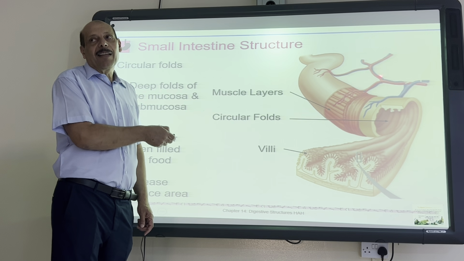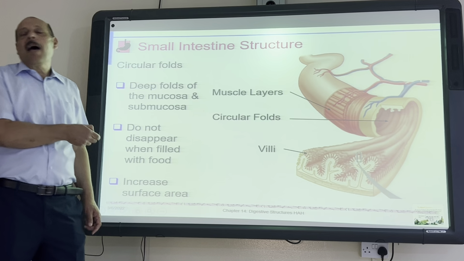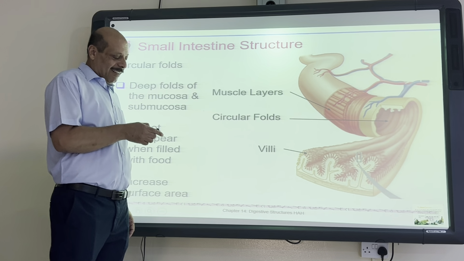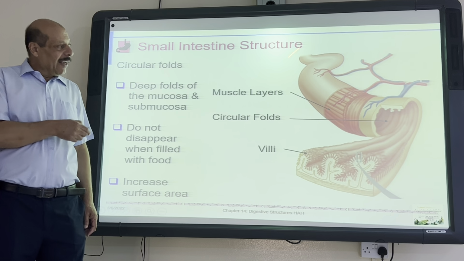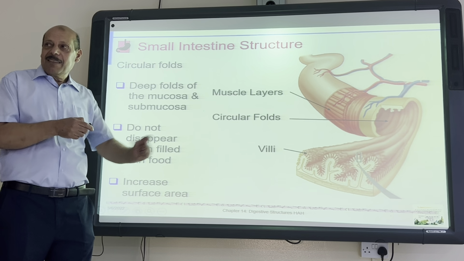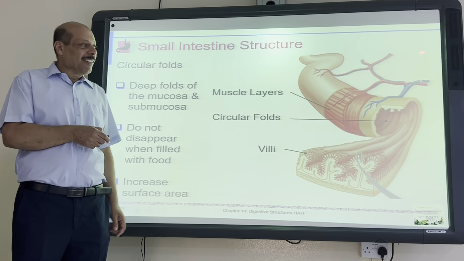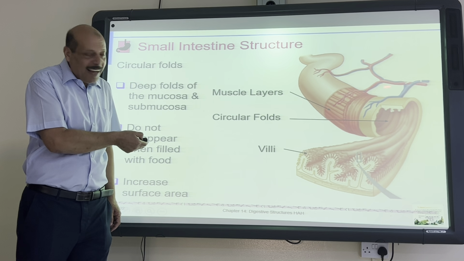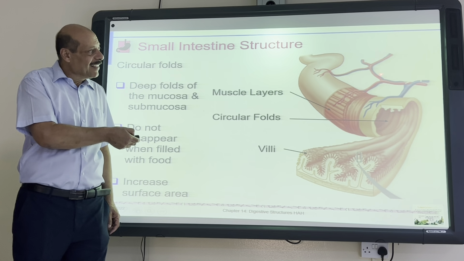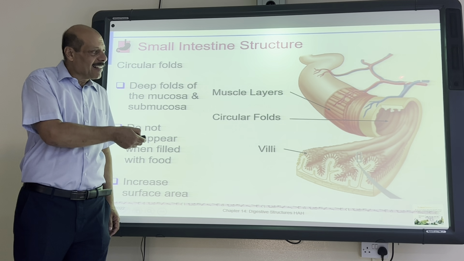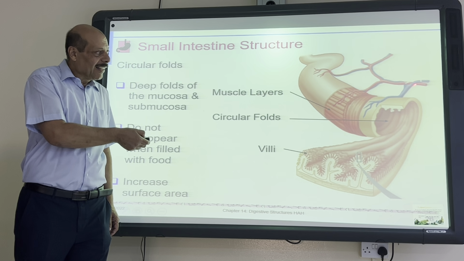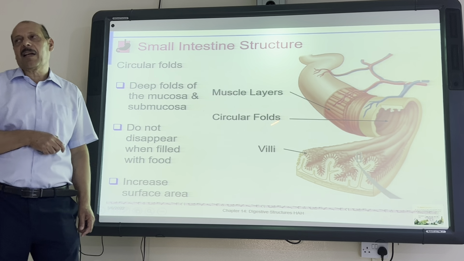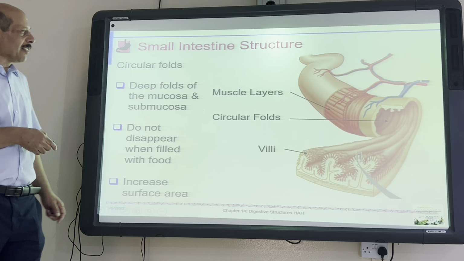This is the map that you didn't understand. Now we are explaining it area by area. So the mesentery is coming, and inside it, blood vessels are there. This is the artery, this is the vein, and also nerves are coming within the mesentery.